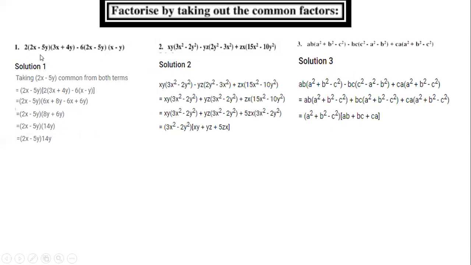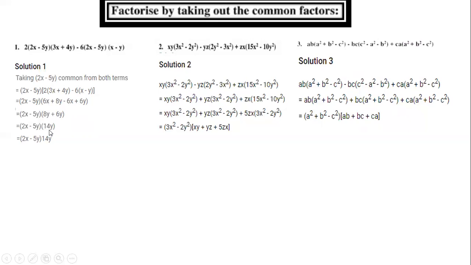In the first question, it is clear to all that we are going to take out 2x minus 5y common from both the terms. In the first term, we are left with 2 into 3x plus 4y. In the second term, 6 into x minus y, the minus as it is. So 2 threes are 6x, 2 fours are 8y, minus 6x, minus into minus gives plus 6y. 6x minus 6x cancel. 8y plus 6y is 14y.